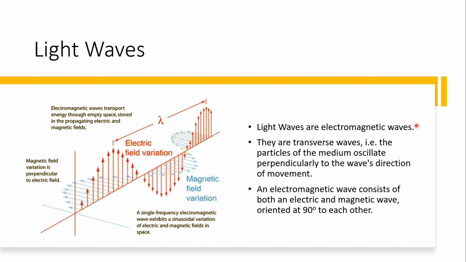But essentially light is a wave, and it's a transverse wave, which means that the particles are oscillating perpendicularly to the direction of travel of the wave, right? And a light wave is, more importantly, an electromagnetic wave.